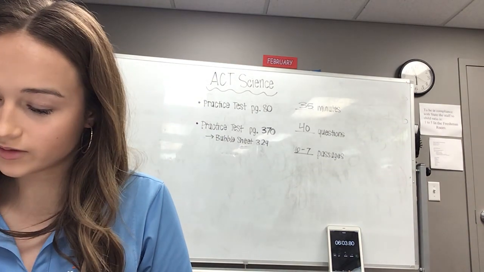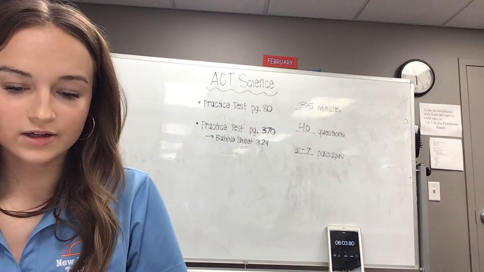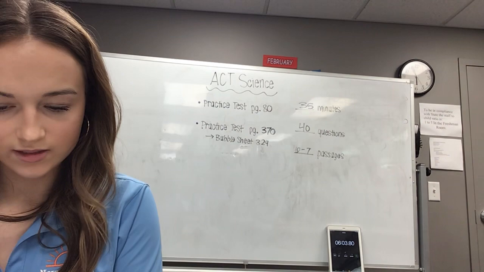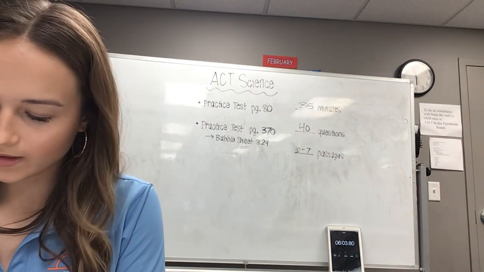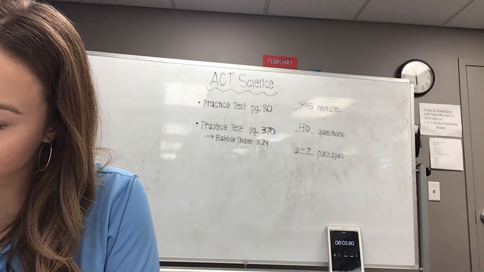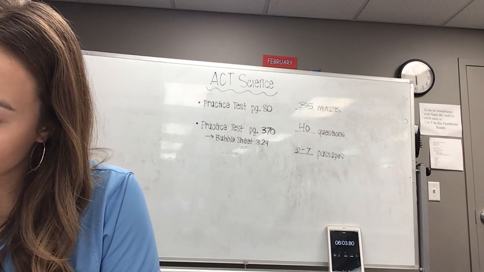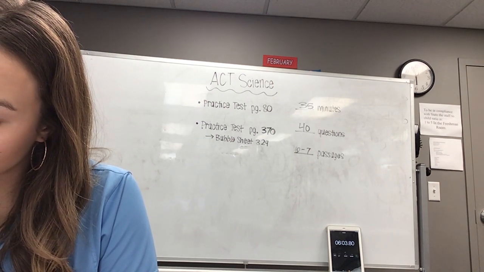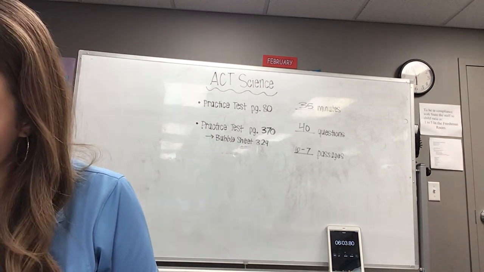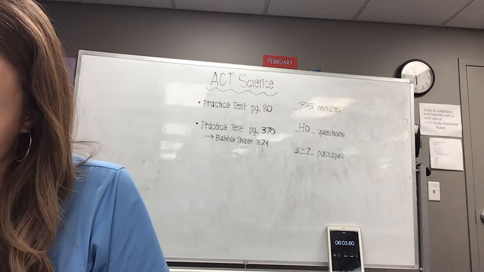Another one that had 3 was number 5. So that was the first passage. It says, based on the descriptions given by students 1, 2, and 3, which of these students would be most likely to agree that the sum of the 3 bond angles in an AsI3 molecule is equal to 360 degrees?